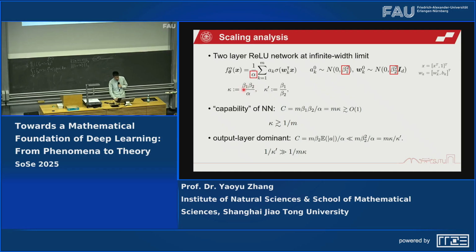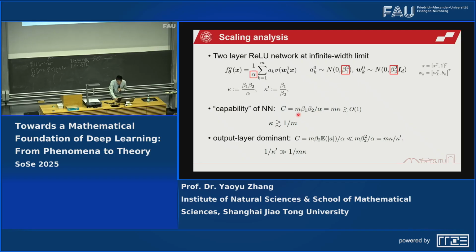This kappa is the amplitude of each neuron at initialization. That is a rough scale of each neuron. And this kappa prime is the difference between alpha and WK. If we look at the capability of the neural network, each neuron has a magnitude of beta 1, beta 2 divided by alpha, right?